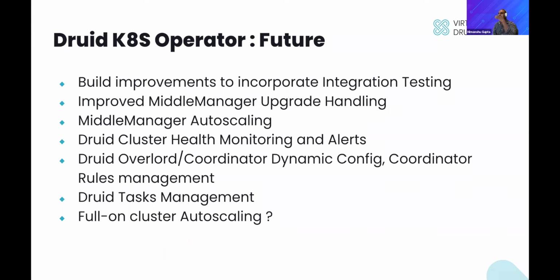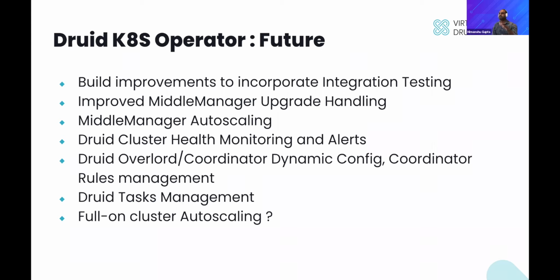Some of the immediate future things: of course, we have a Druid operator repository, and there's a bit of work on integration testing in there, so that it actually deploys a Kubernetes cluster, deploys Druid and manages that, so that when people submit PRs, they get better testing done.